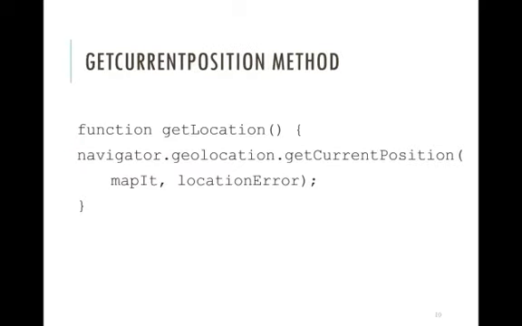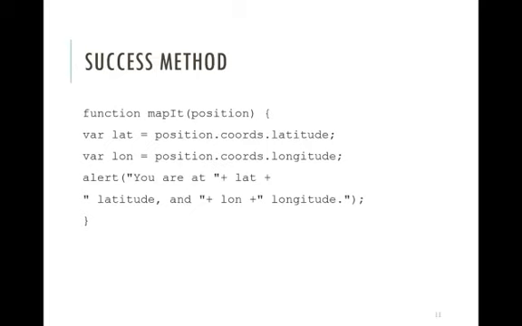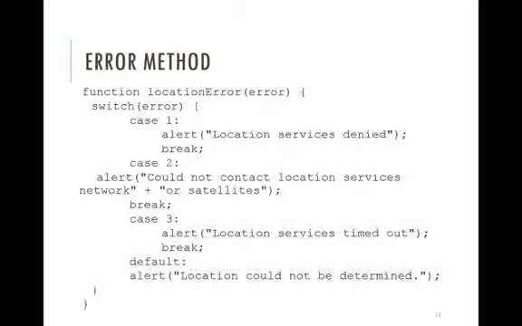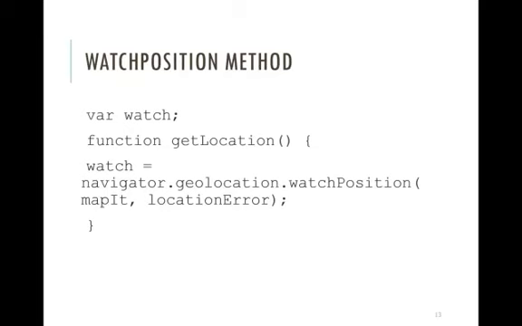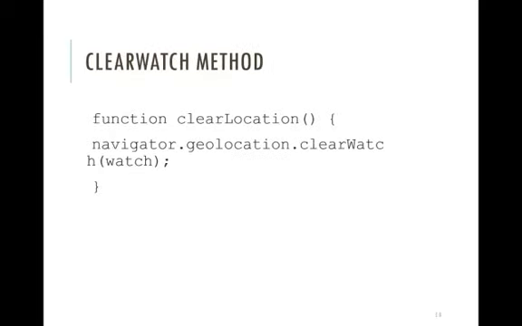This is the code that you would use to get the current position. The success method and the error method. Last is the watch position method, and then the clear watch.